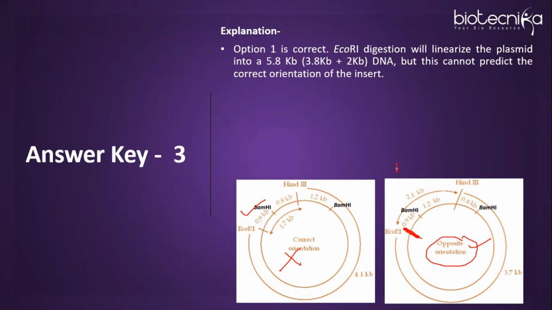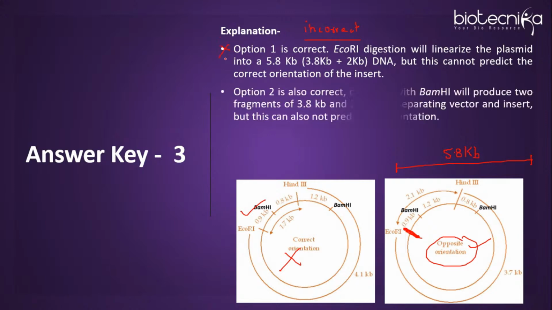So it will linearize. Now what will be the size? The vector was 3.8 kb, and 2 kb was your insert. So total 5.8 kb. So that means option 1 is correct. And we have to find the incorrect one, right? So that means this cannot be the answer.